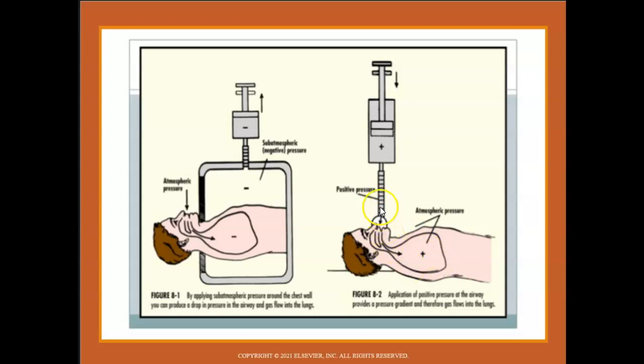So that pressure is going to flow from areas of high pressure to areas of low pressure and end up in the lungs. Okay, and again, this is not the way we physiologically breathe. So that added positive pressure to the lung tissue can cause injury.